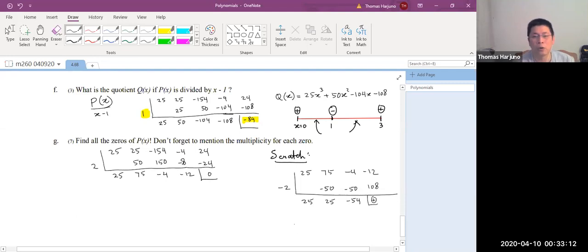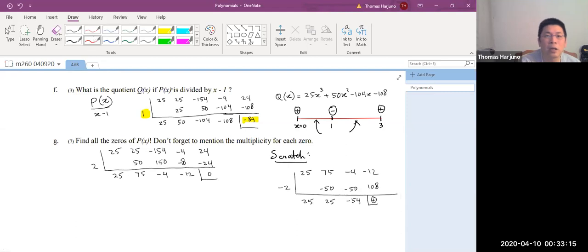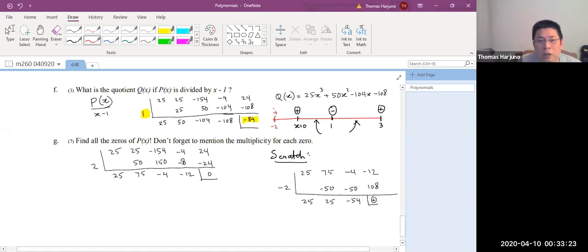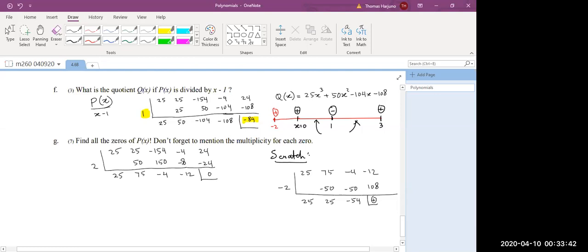Okay, so between x equals 0 to x equals -2, this is positive. You see that they have the same sign here. So even though I don't get a 0 using x equals -2, I get some feeling, you know what, it's both positive here. So if I try to find another 0, I will not pick first any number between -2 and 0. I will go to the next one.